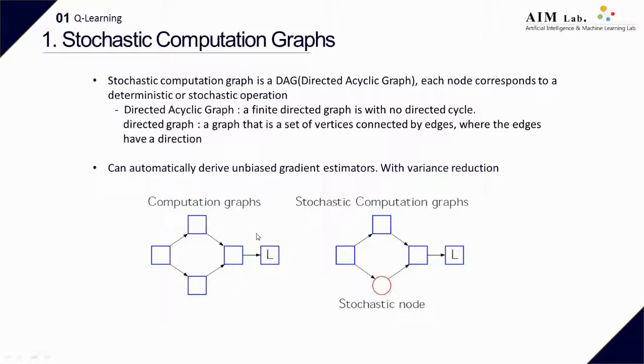The left one is a normal computation graph. In each node of the computation graph, we can get some intermediate value. We use the loss function in the end, and the loss has some parameters.